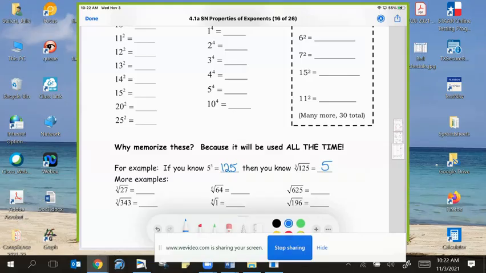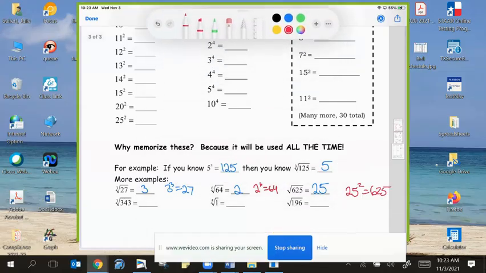So some more examples. Third root of 27, we already did that one today. It's 3 because 3 to the third is 27. The sixth root of 64 is 2 because 2 to the power of 6 is 64. And so on. Square root of 625. You're thinking 625, that's a big number. It's 25, because 25 squared is 625.